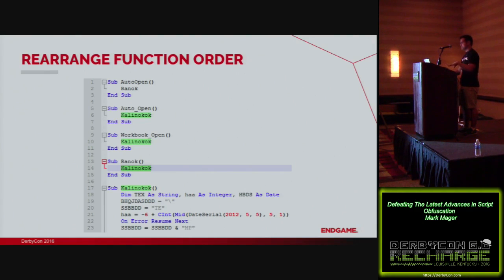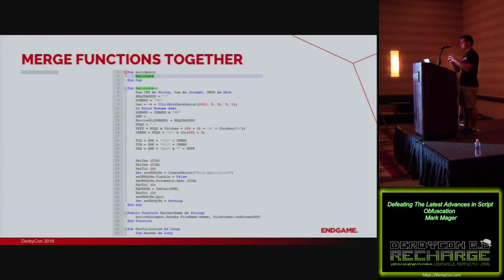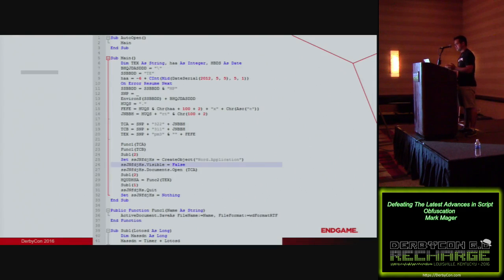So I can take that and go through and merge all the functions together, right? All I need now is an initial auto-open, and then that calls what appears to be the main function. So now I can start to relabel some functions here and there. I relabeled the function that's called by auto-open to main.